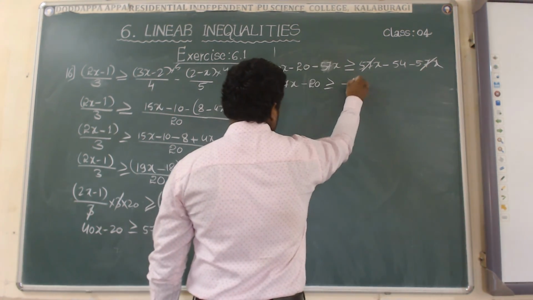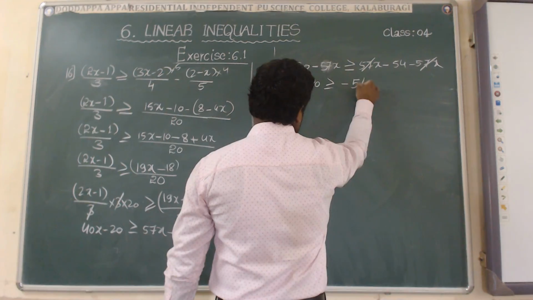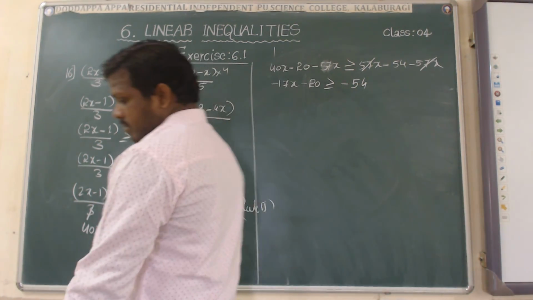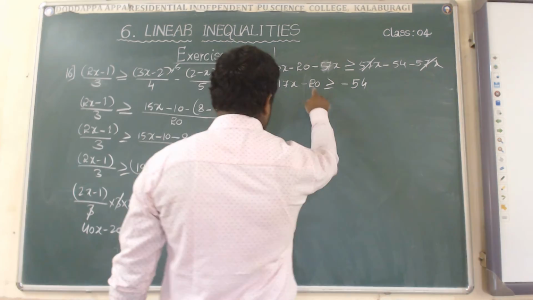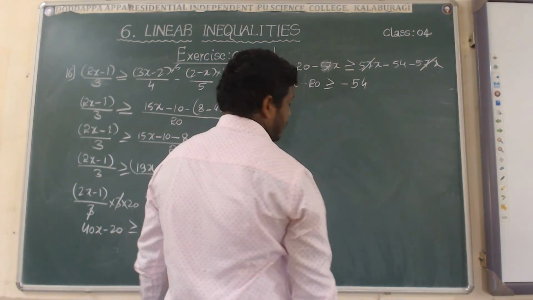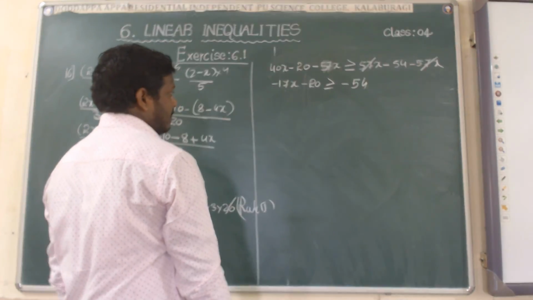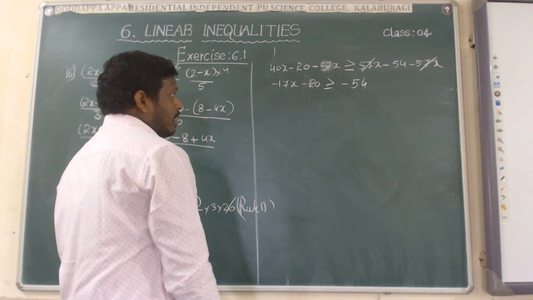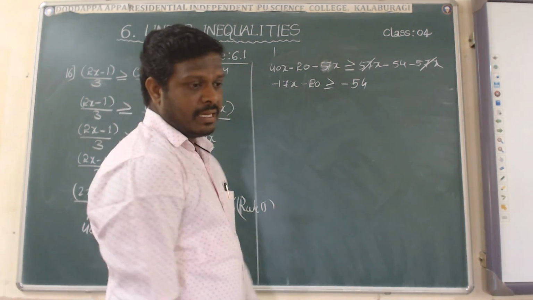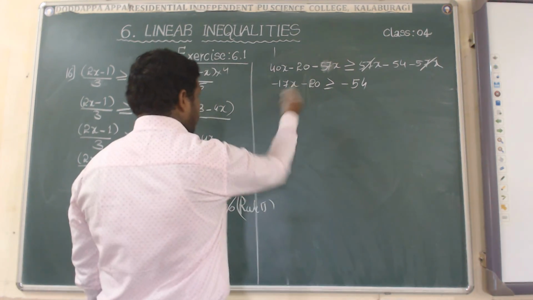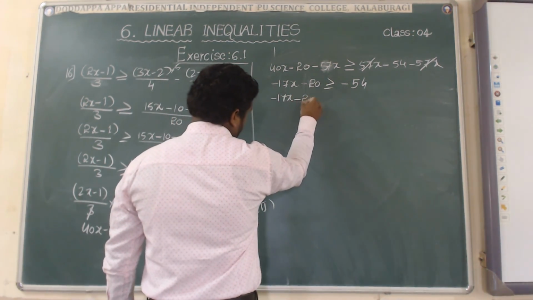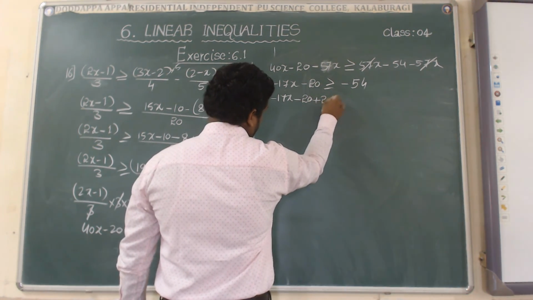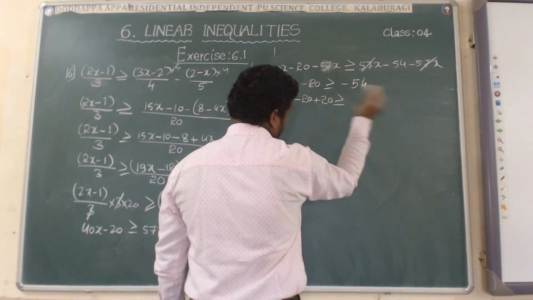So what is left next? Minus 54. The next step, I wish to remove the minus 20 on LHS side, so I am going to add 20 to both sides, by using the first rule: minus 17x minus 20 plus 20. Then the sign will not reverse.